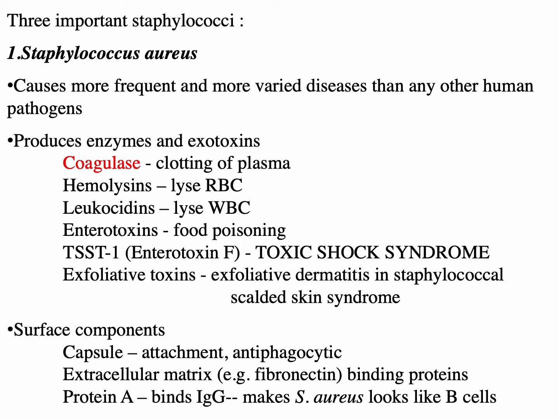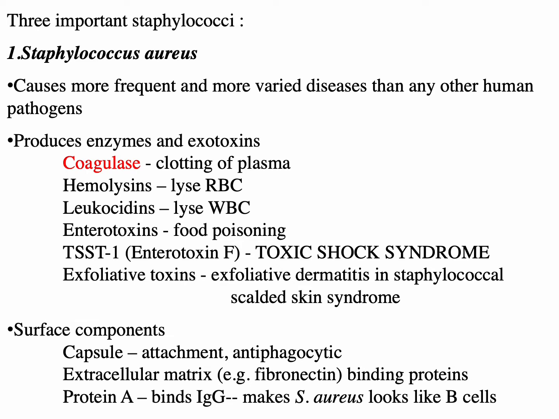Then you have enzymes called hemolysin and leukocidin. These enzymes break down RBC and WBC, which stand for red blood cells and white blood cells. So they target these two types of cells in the body.